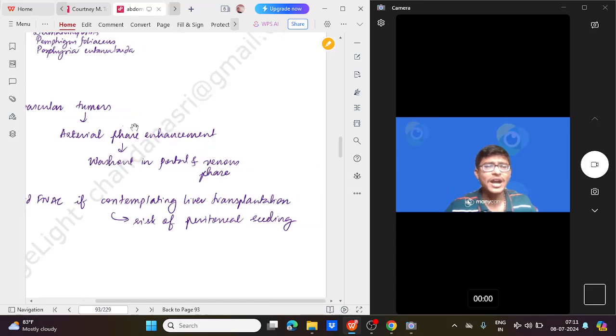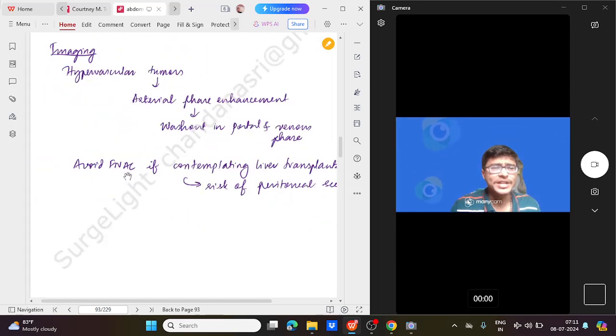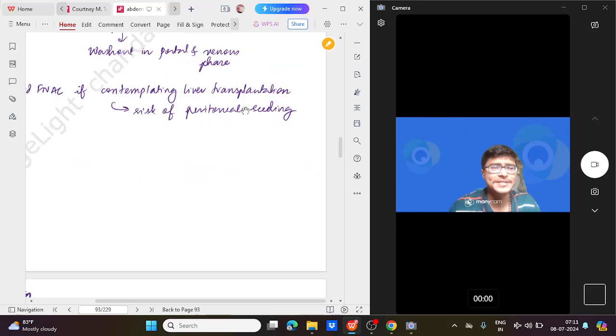We will have arterial phase enhancement, where the tumor will appear hyperdense, followed by venous washout in the portal venous phase, where it will be hypodense. In comparison, metastasis from any other primary tumor will be hypodense, not enhanced in the arterial phase.